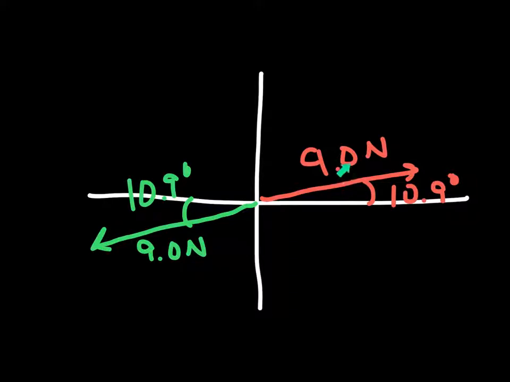Or you can measure it all the way around here. This would be 180. This would be 190.9 degrees. So you can say 190.9 degrees if you want to. But if you're saying that, again, you're measuring it all the way this way. Traditionally in class, what we've said is 10.9 degrees right here, and you'd say south of the west axis.